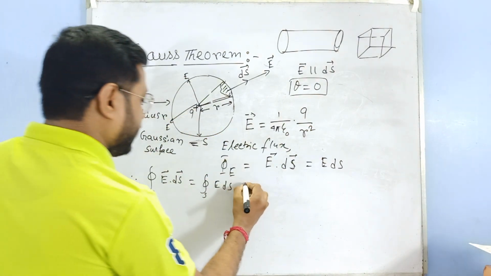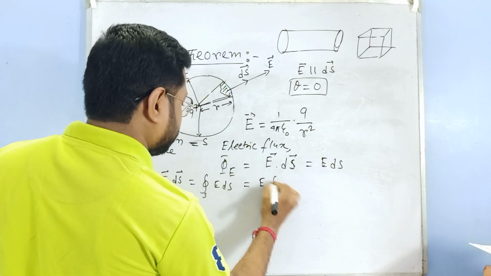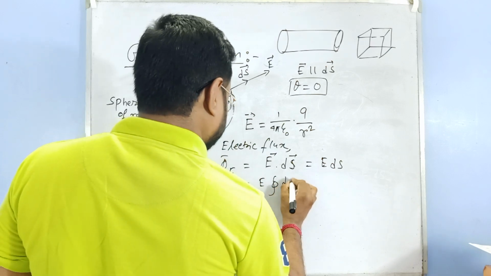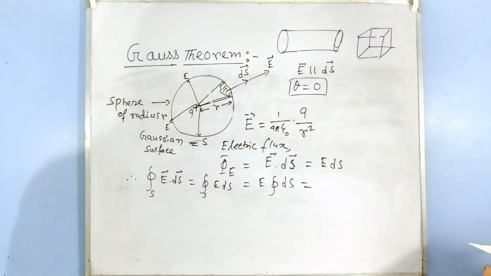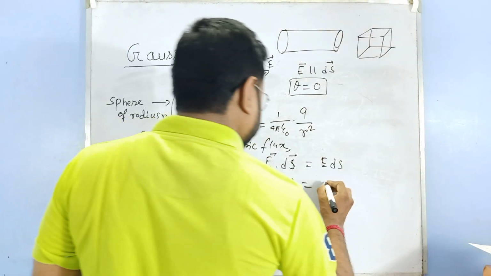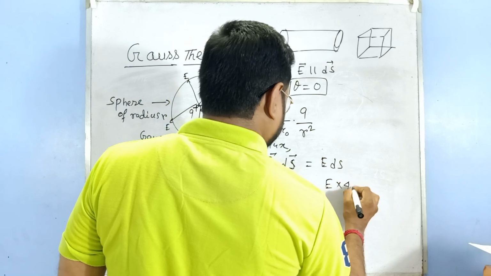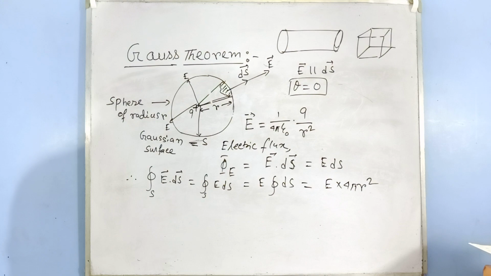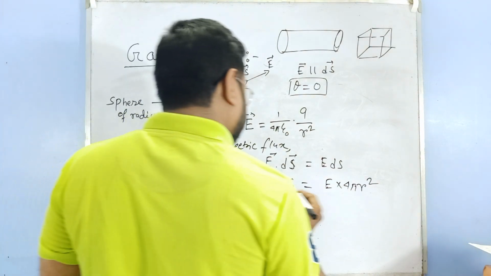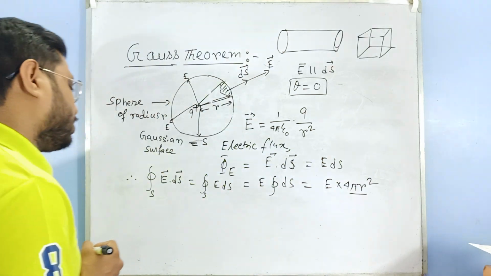So we can take E outside the integration. So E times integral of ds. ds is the surface area of S, which is 4 pi r square. So E multiplied by 4 pi r square is the total flux.